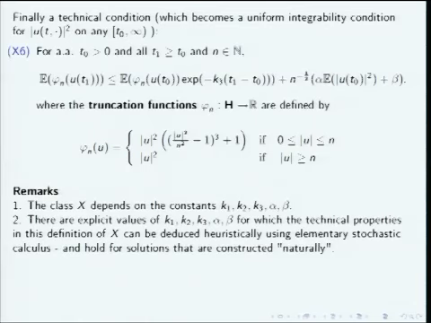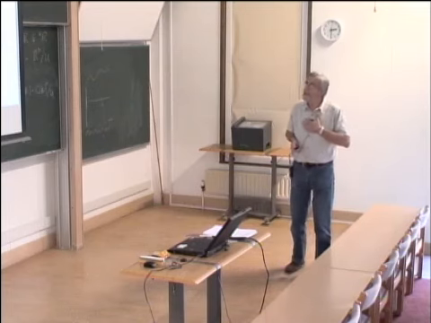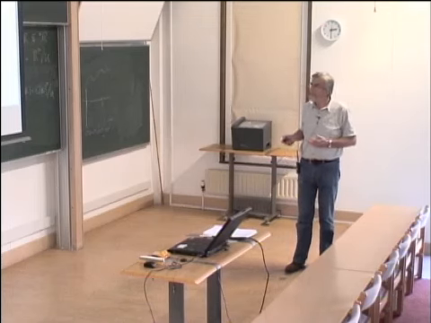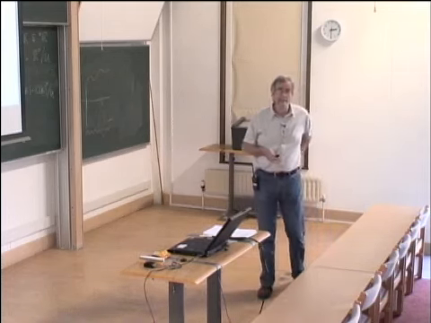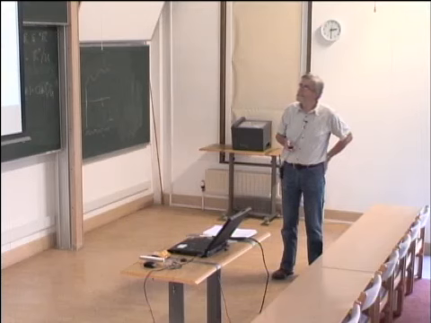And when you construct solutions to the stochastic Navier-Stokes equations in any sort of natural way, whatever your favourite method is, I know what mine is, but probably different from yours, certain values of these constants just drop out naturally. So in that sense, it's a natural class of solutions, I would claim.